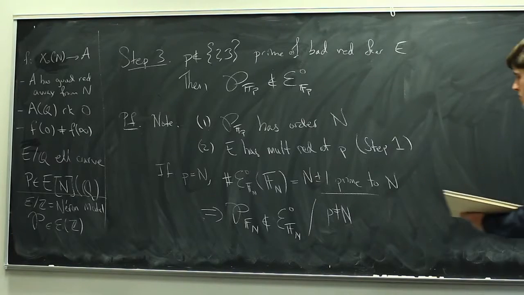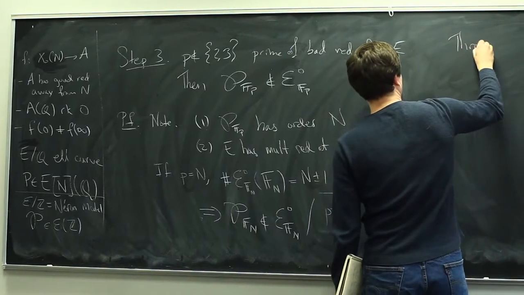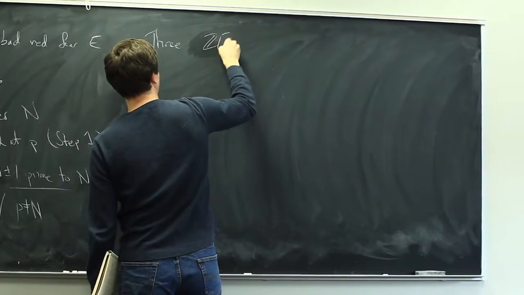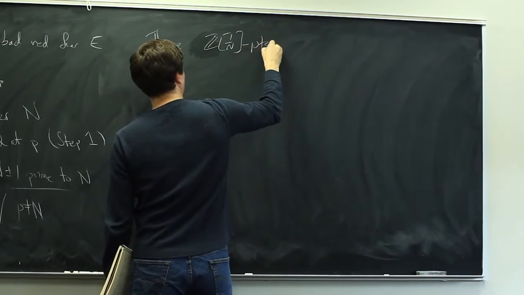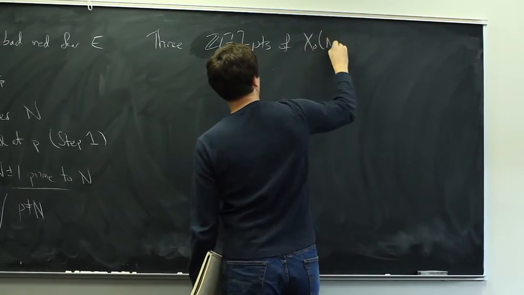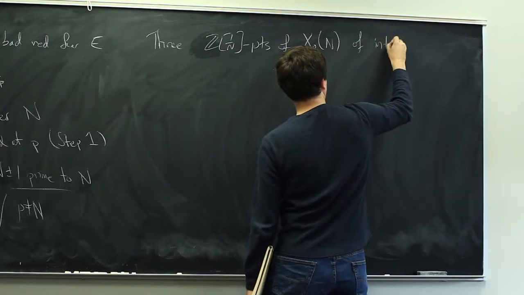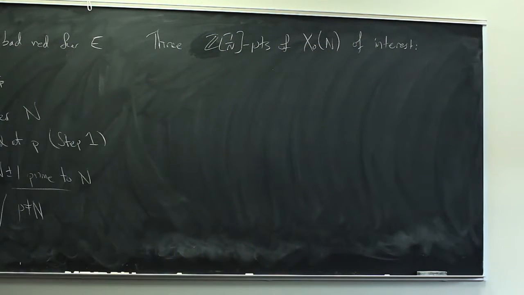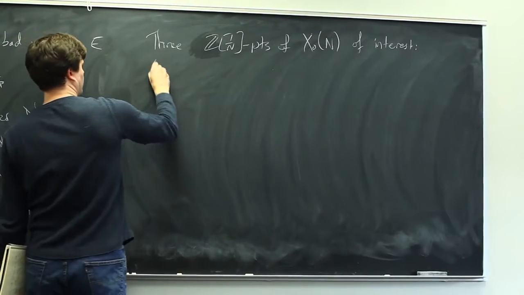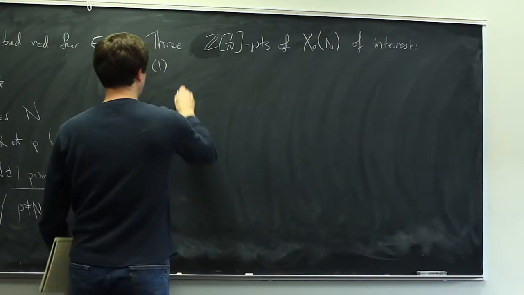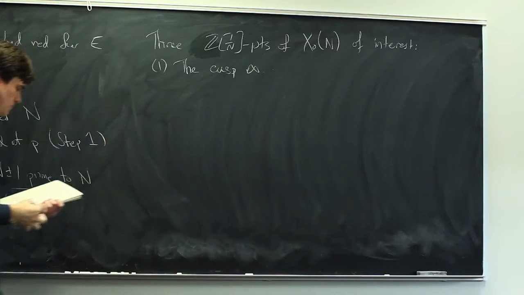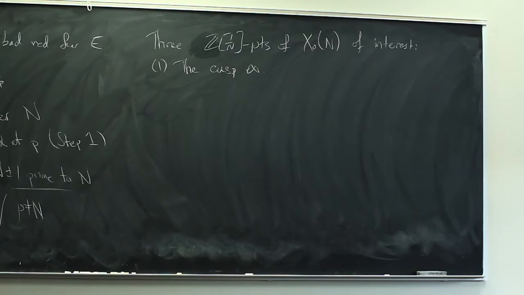All right, so there are 3 points on the modular curve that we are going to care about. So 3 Z[1/n] points of X0(n). So 2 of them are the cusps. First is the cusp infinity. Remember, these correspond to generalized elliptic curves.